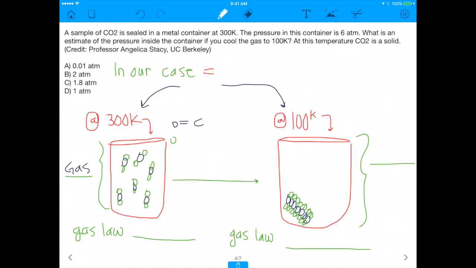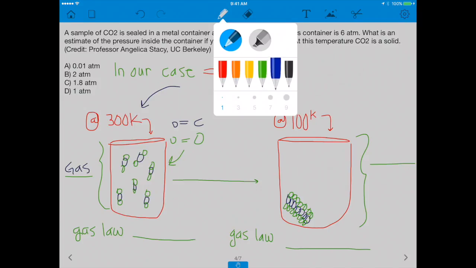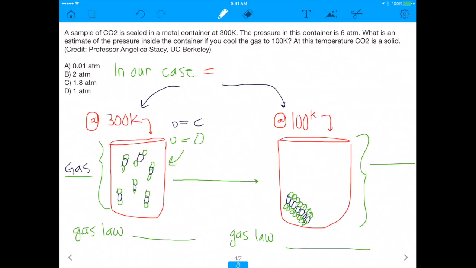You can see this flask has a ton of gas molecules flying around, and the gas law obviously applies to gases. So in this case the gas law would apply, because we are only dealing with gases floating around, and CO2 is relatively nonpolar, so the gases will be moving.